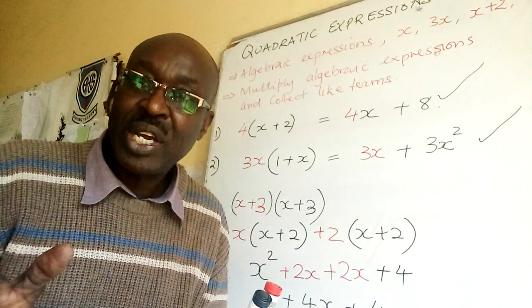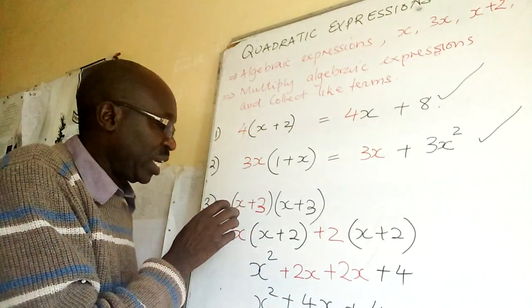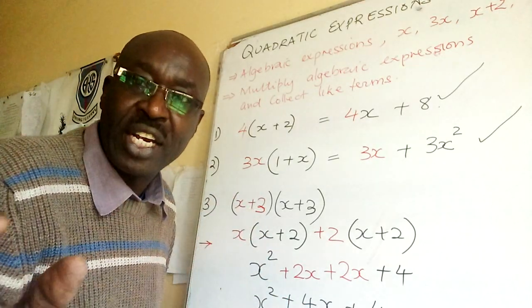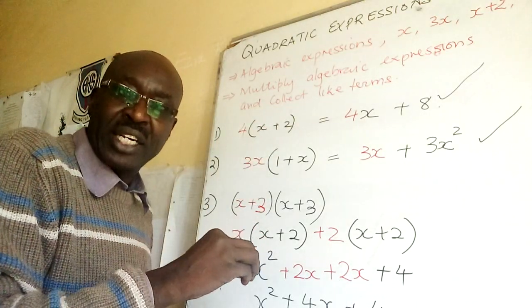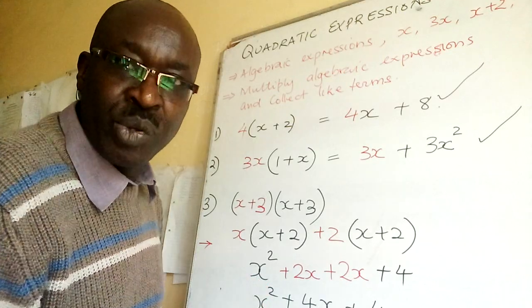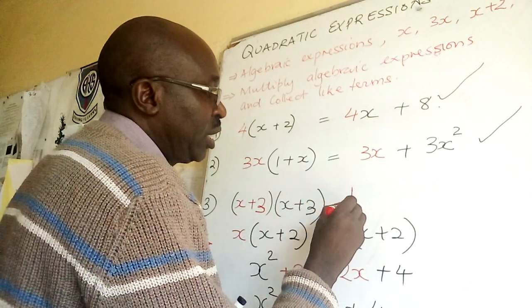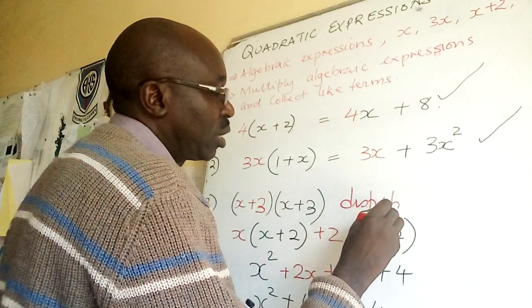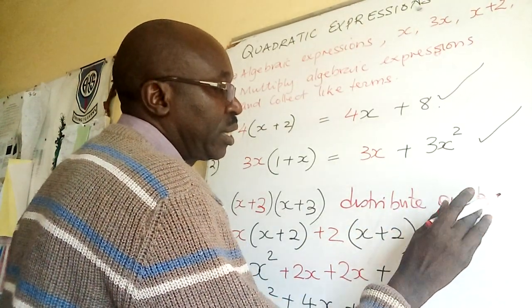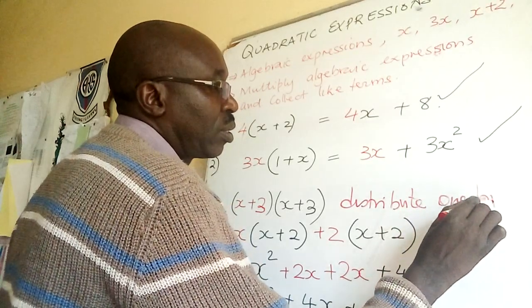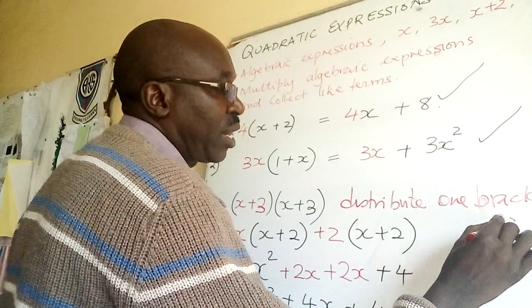So what happens? Shortcut. The one in red will be broken down. So distribute the first bracket to the second, distribute one bracket to another.